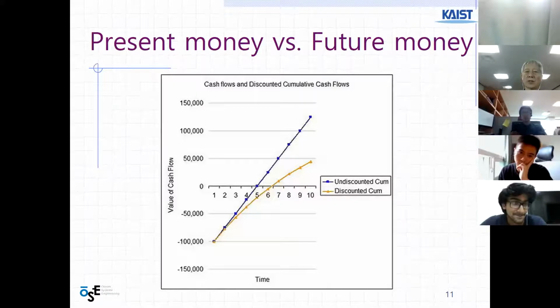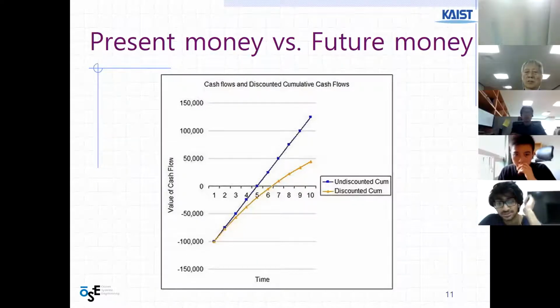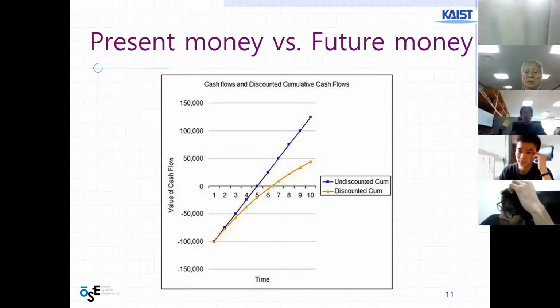Okay. So cash flow and discounted cumulative cash flows and value of the cash flow. So if we start, say, minus 100,000 dollars invested at the beginning, and then say you open a shop or you buy a truck to operate and earn money.